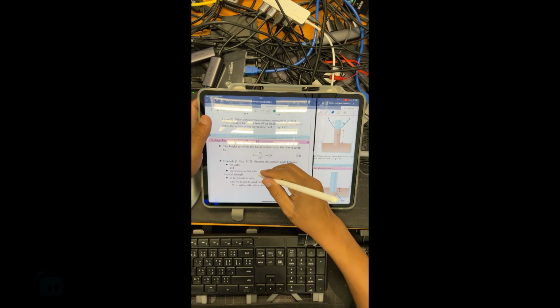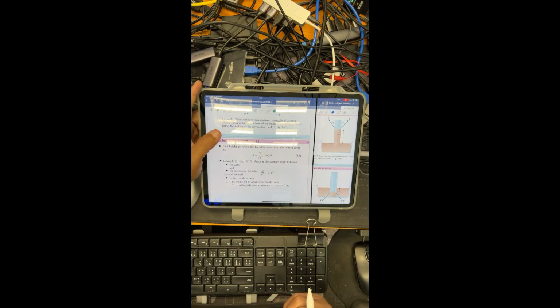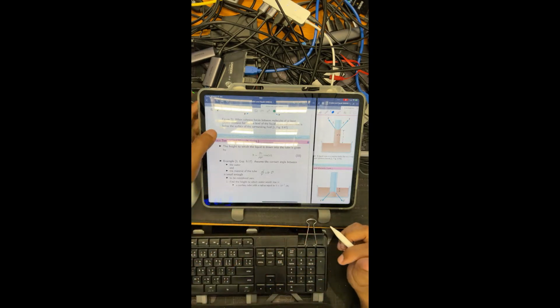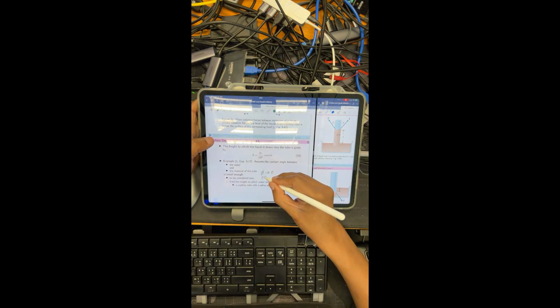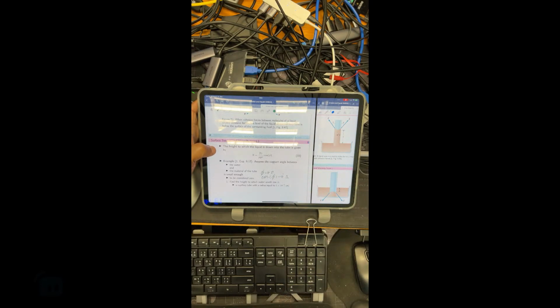So phi tends to 0. When phi is 0, cosine phi tends to number 1, so we don't need to take care of this term at all.